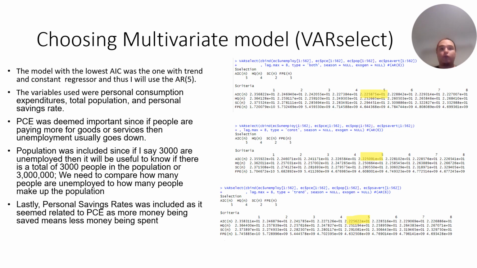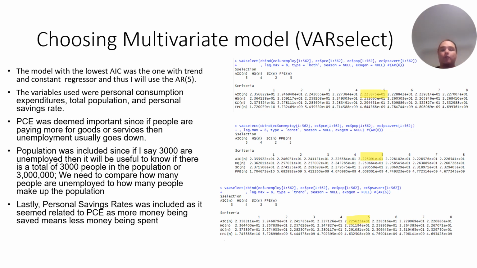So for the previous models, we have been assuming that we only know about the unemployment and going from there. For this VAR model, vector autoregressive model, all these variables are going to be mushed together and assumed to be dependent on each other with no actual response variable present.